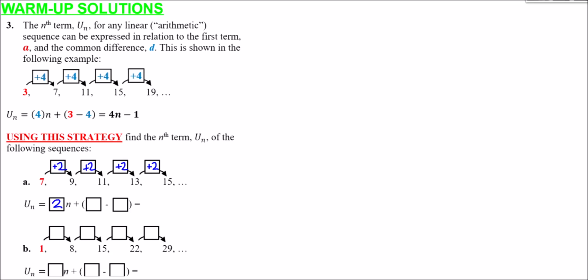So it differs because the first term 7 is 5 higher than the 2. And we get that 5 by taking this first term 7 and subtract the 2, which gives us 5. So un is going to be 2n plus 5.